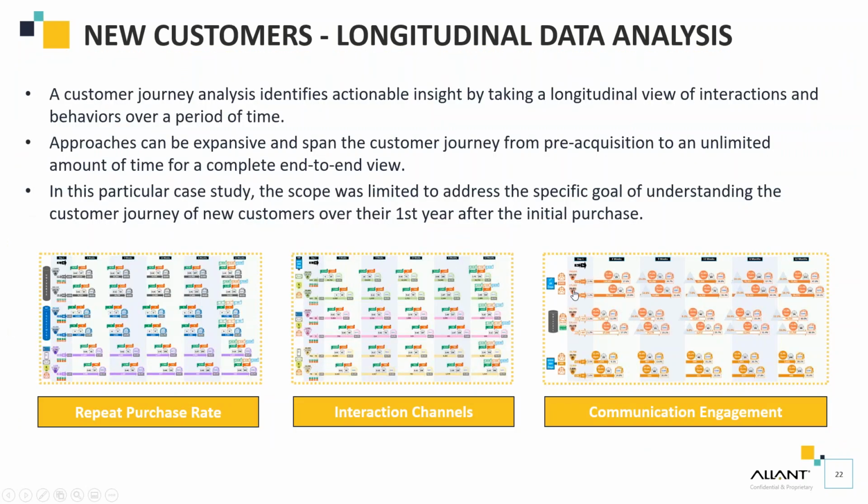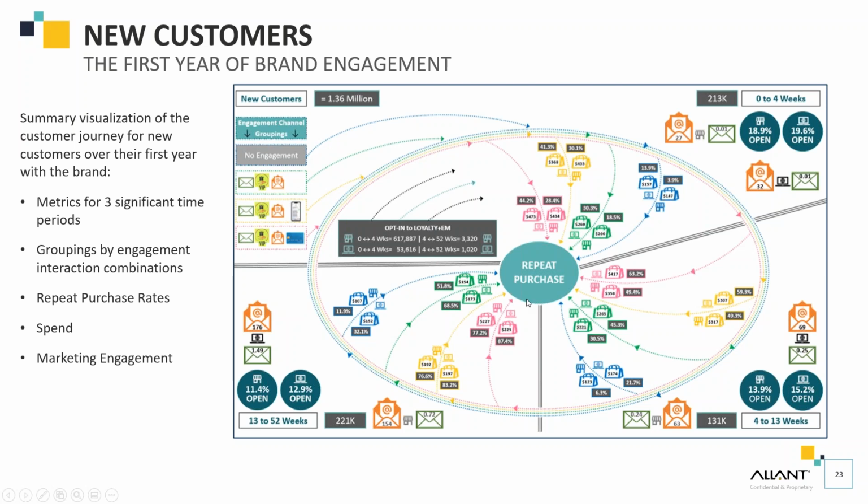All right. Now, the culmination of multiple visualizations and a lot of collaboration with the client ended up with this single summary view. Again, there are probably about 15 to 20 different visualizations, but this is the summary view here. I'm not going to spend too much time on it, but you can see these different engagement combinations.